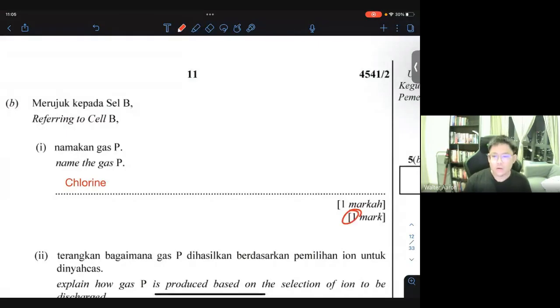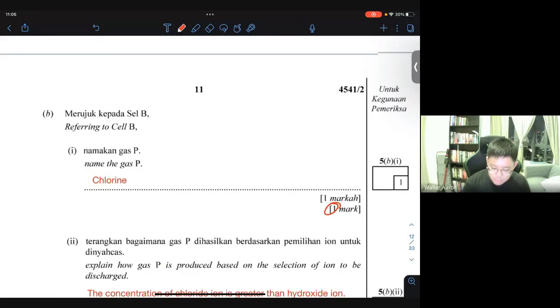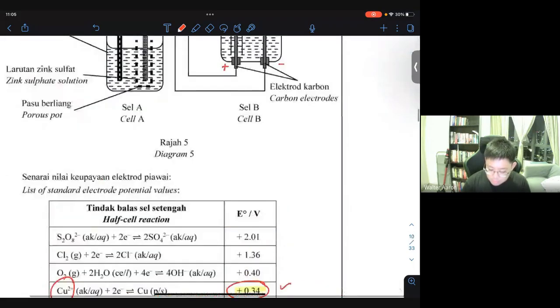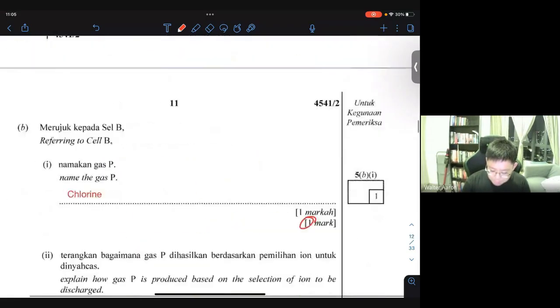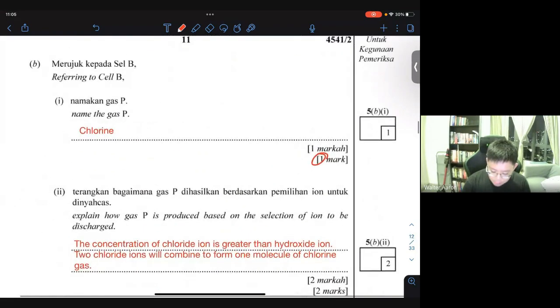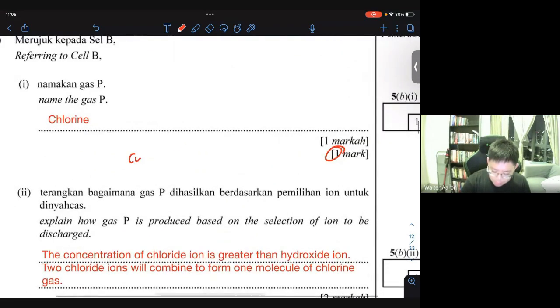Why is it chlorine? Because in a concentrated copper chloride solution, what do we have inside? We have copper ions and chloride ions.